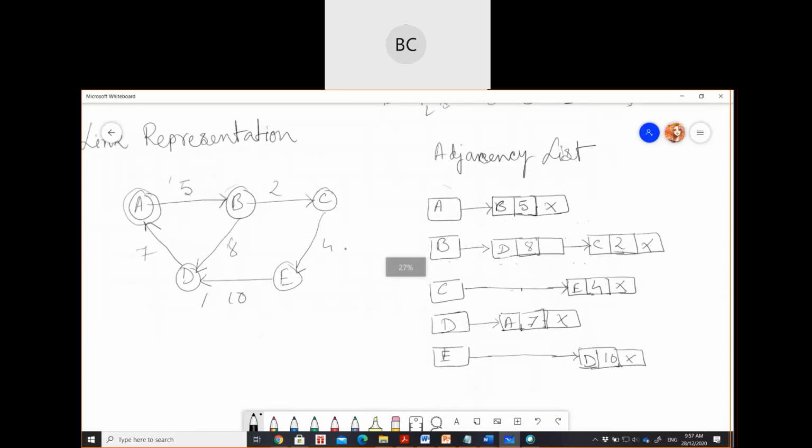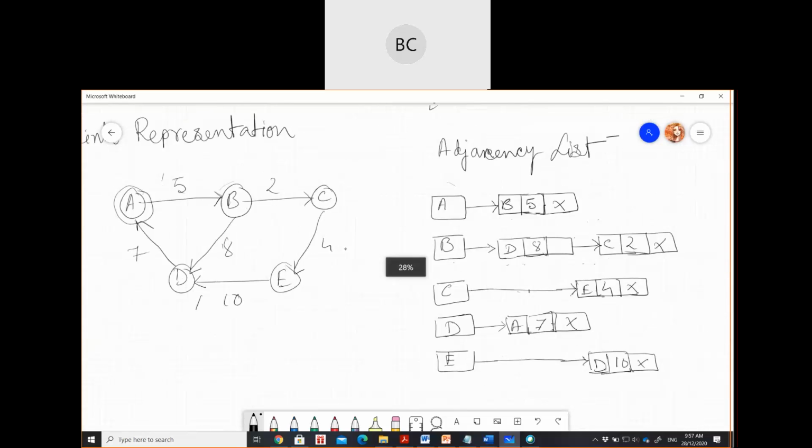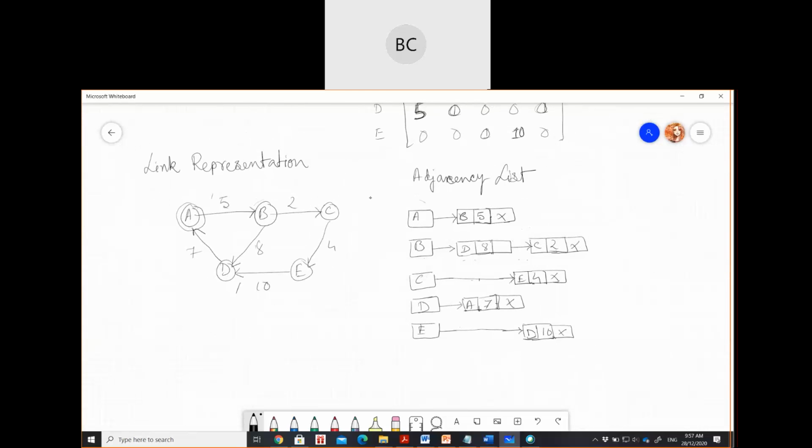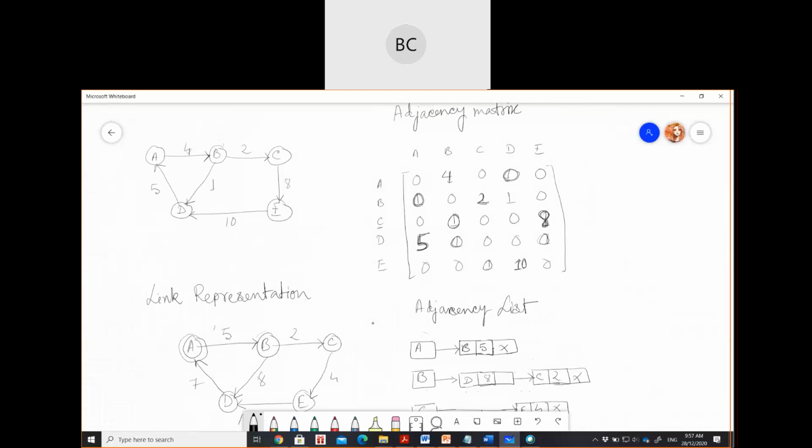Then again you have to check whether it is a directed, undirected or weighted directed graph. If it is a weighted undirected graph, the same cost you have to write for both.